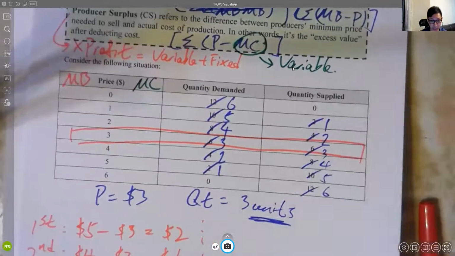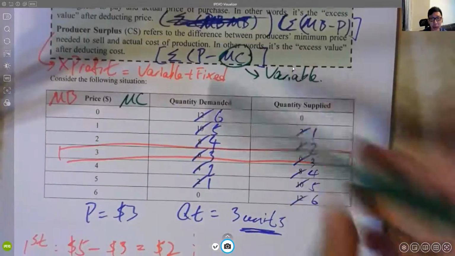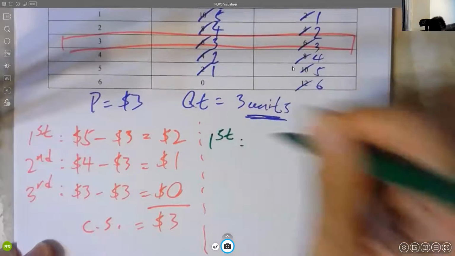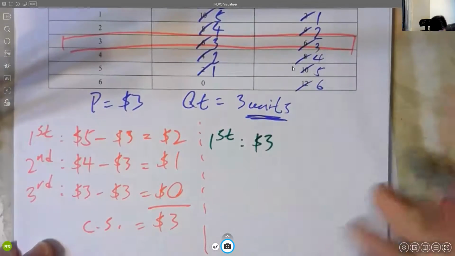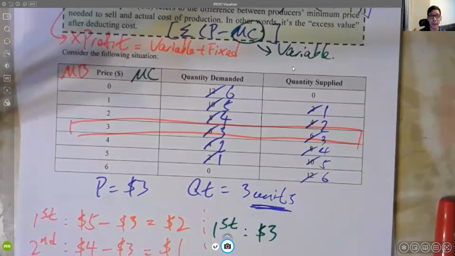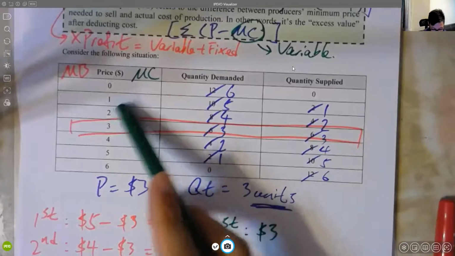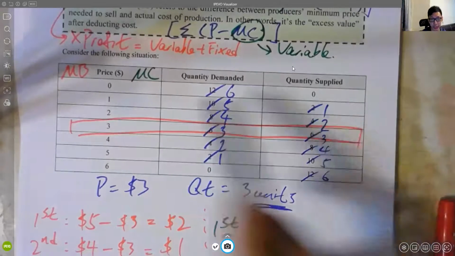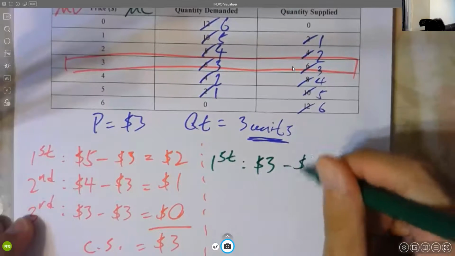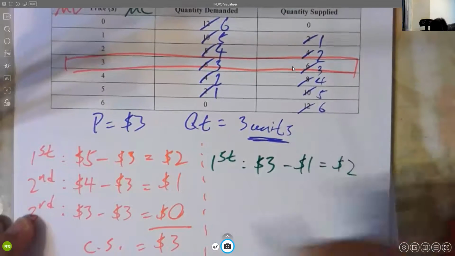According to this formula, let's see. First unit, price $3. What is the marginal cost? Let's see, marginal cost in our table: first unit, MC will be 1. Therefore, minus 1, $2.